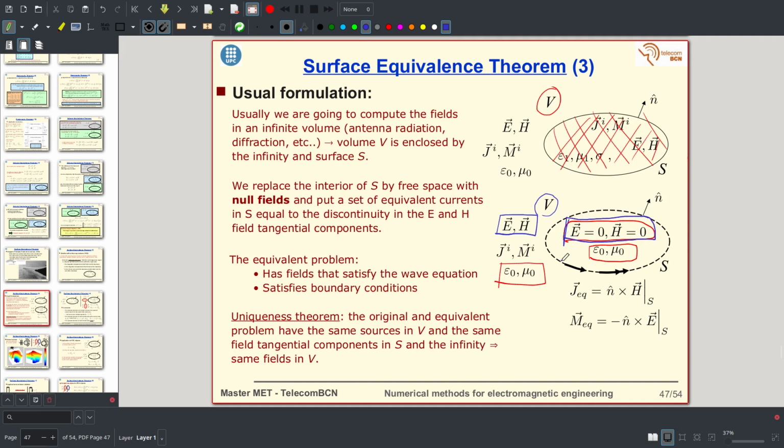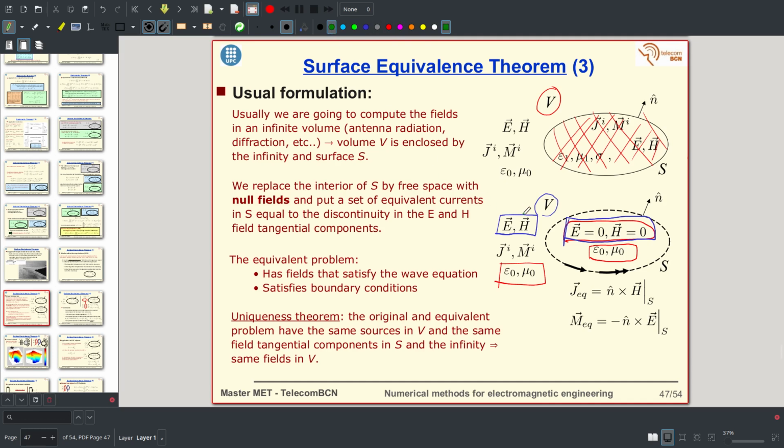And this is again correct, because fields equal to 0 and sources equal to 0 agree with Maxwell's equations in which everything is 0. So here the fields and the sources everywhere agree with Maxwell's equations, except we need something else.